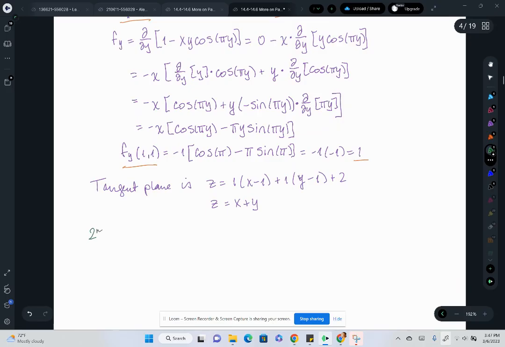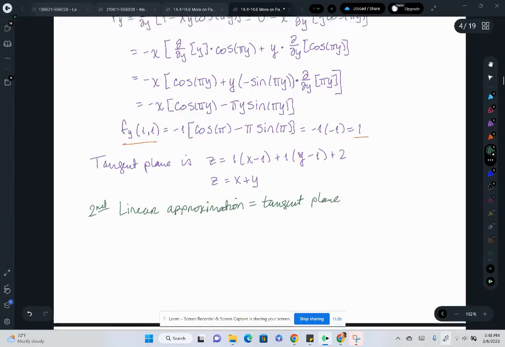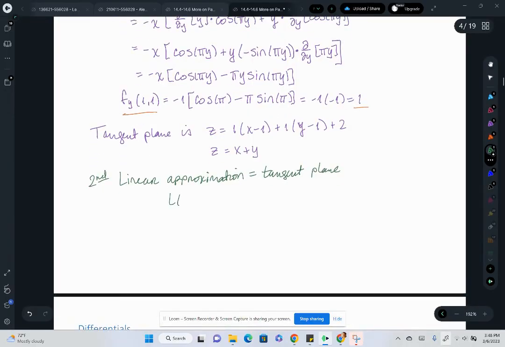The second step says, remember the linear approximation is equal to the tangent plane. Since I found my tangent plane, I can go ahead and rename it to be L of xy is equal to x plus y.